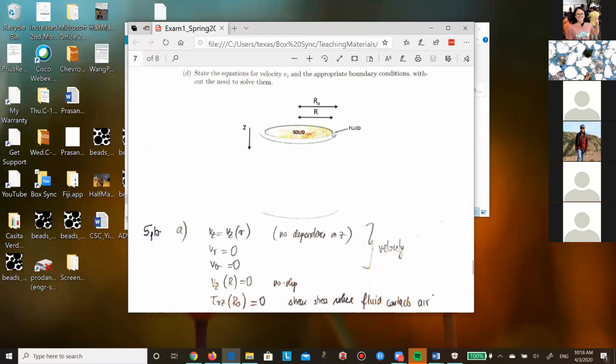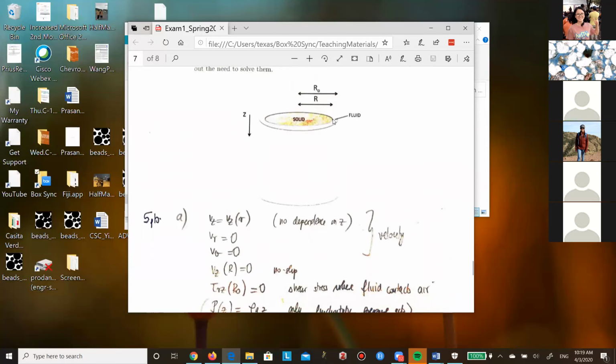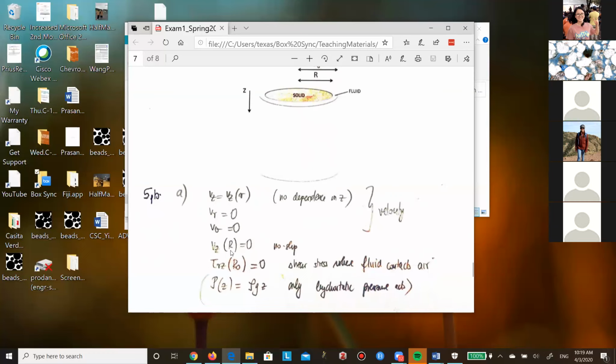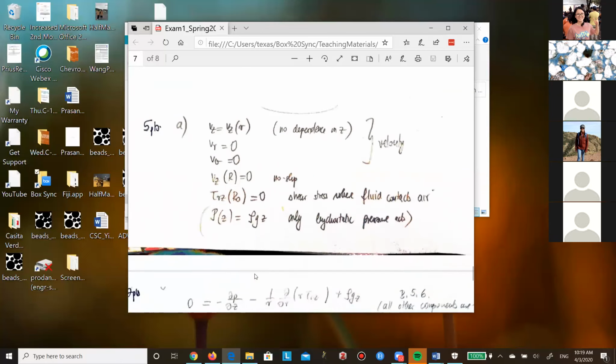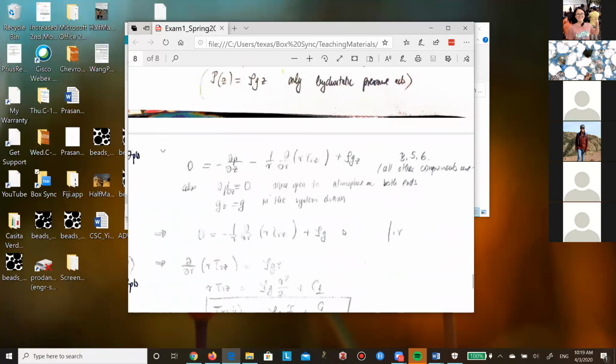On the wall, uppercase R, I have a 0 velocity. And at the surface where my liquid is in contact with atmosphere or air, I'm assuming the shear stress is 0. Okay, and again, my pressure drop is only hydrostatic pressure.